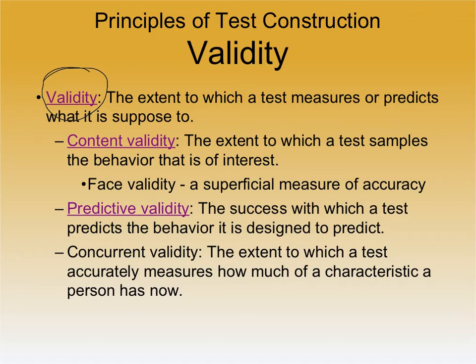Content validity is the extent to which a test samples the behavior that is of interest, the extent to which the test actually tests what we want it to. So if I give you a unit test on social psych, am I covering information from all 7 modules in social psych? Am I covering information from only one module?